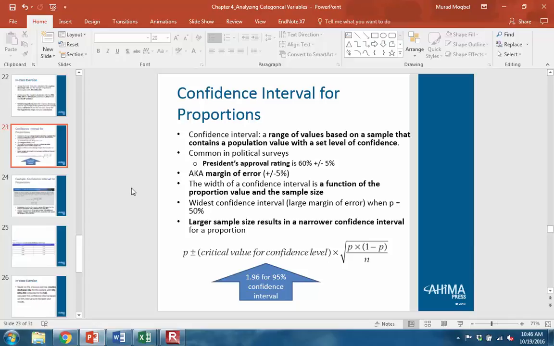In this case we will be able to calculate those intervals, and usually there is a range for those values. The confidence interval is used in so many day-to-day applications that we have maybe heard in the news.